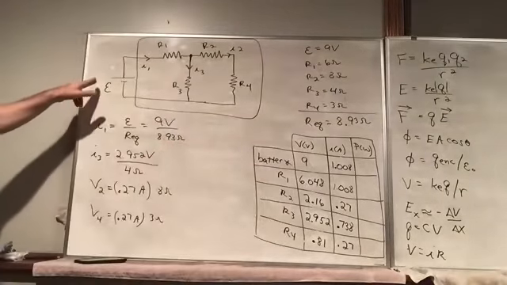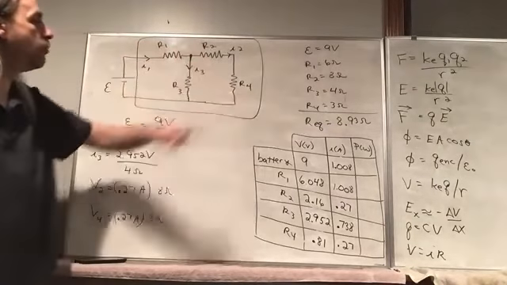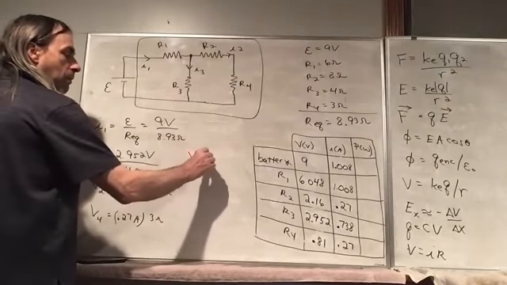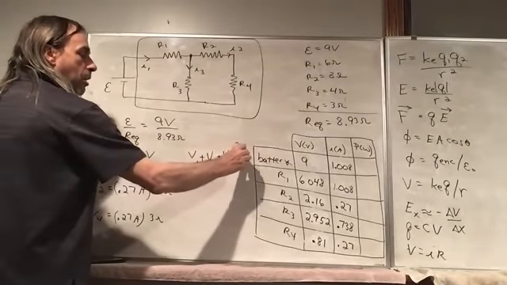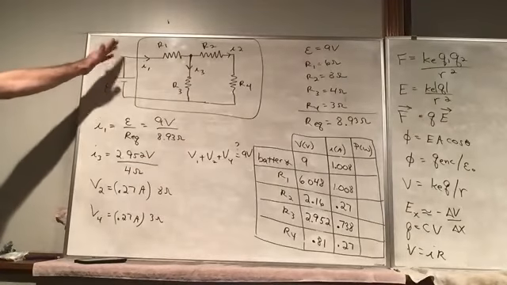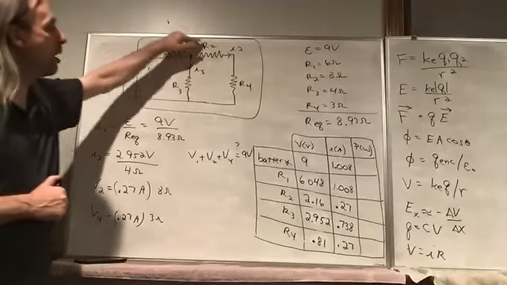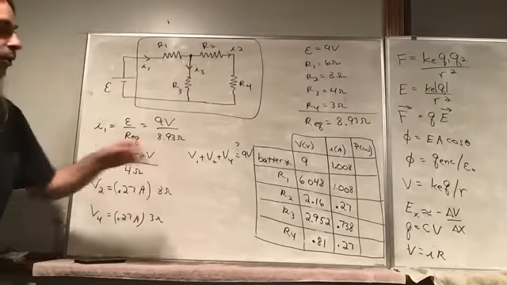But if we look at this outer loop, we should have V1 plus V2 plus V4, with a question mark there. The battery gives us 9 volts, so we have to drop 9 around the rest of the circuit. That'd be R1, R2, and R4.